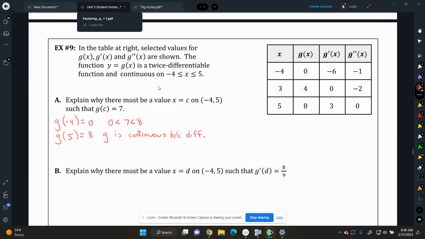Differentiable implies continuity on -4 to 5.